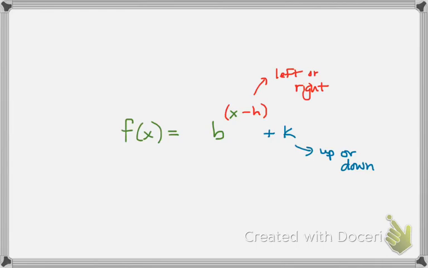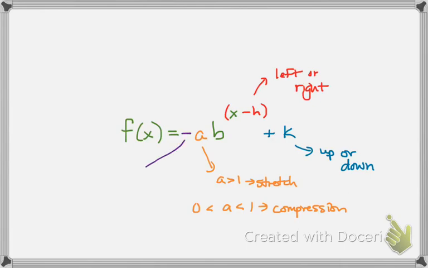If I had an a value, remember if I have an a greater than 1, that's going to be a stretch vertically. But if a was a fraction between 0 and 1, that would be our vertical compression, i.e. making it wider. And then if I put a negative on that a, that will flip or reflect over the x-axis.